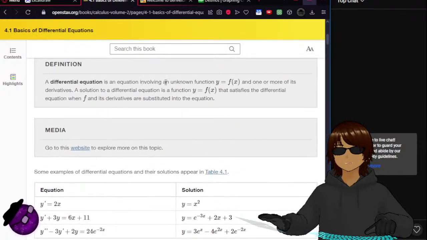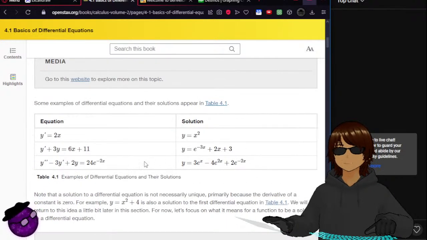Differential equation is an equation involving an unknown function y is equal to f of x and one or more of its derivatives. A solution to a differential equation is a function y is equal to f of x that satisfies the differential equation. So you're just doing integrals.